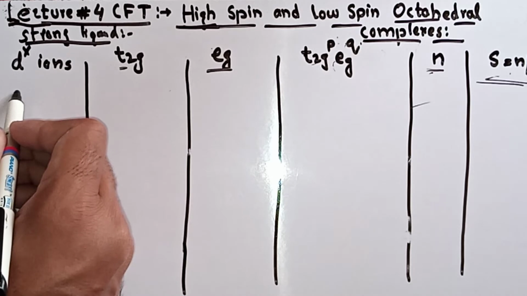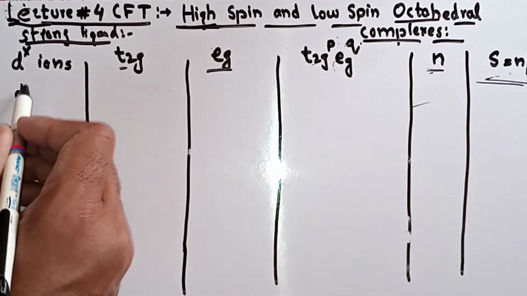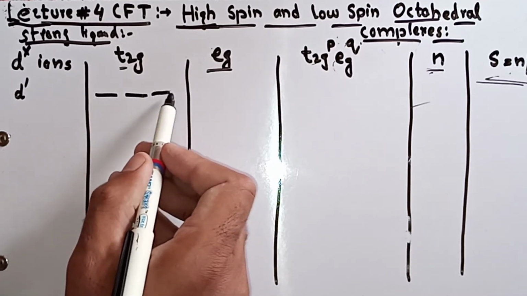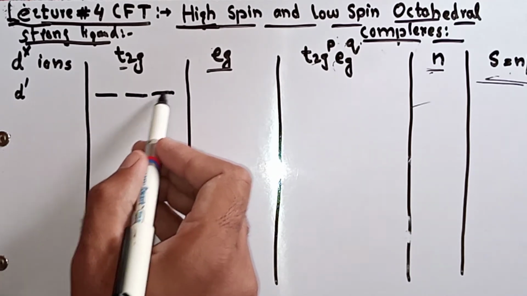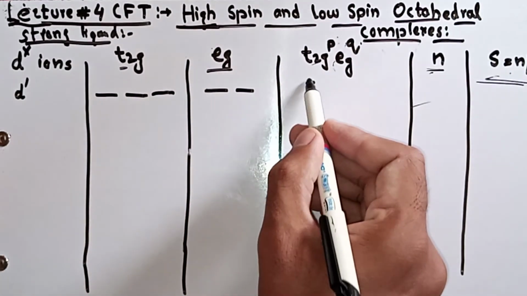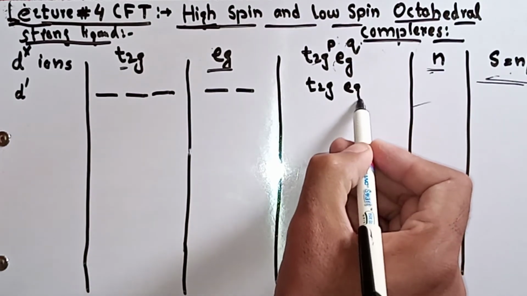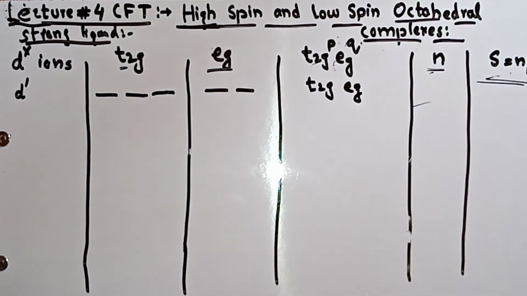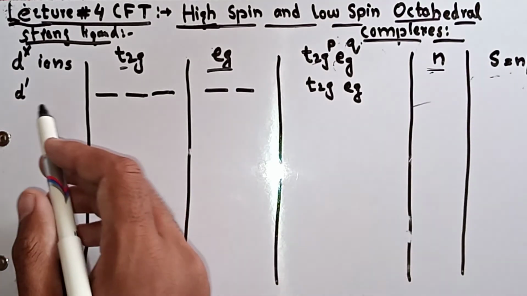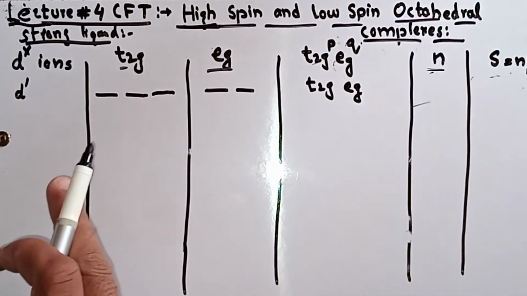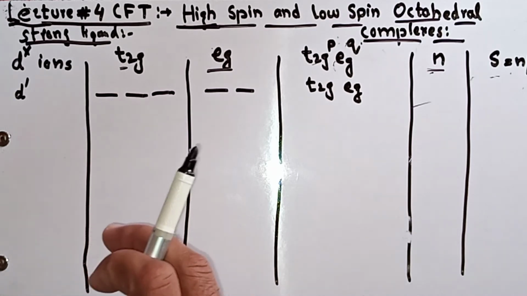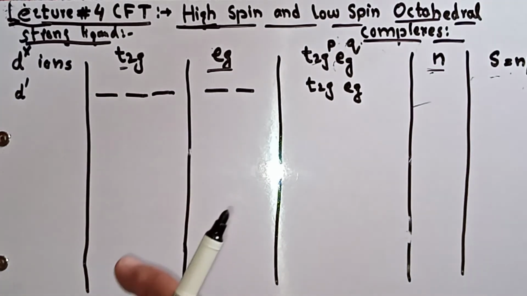What will happen if there is a d0 or d1 system? In the t2 set there are three orbitals, dxy, dxz, dyz. Here are two orbitals: here is t2g, here is eg, here is N, and S is equal to N divided by 2. So let's see here. When there is d1, with a strong ligand, as I already told you, the crystal field splitting will be higher.